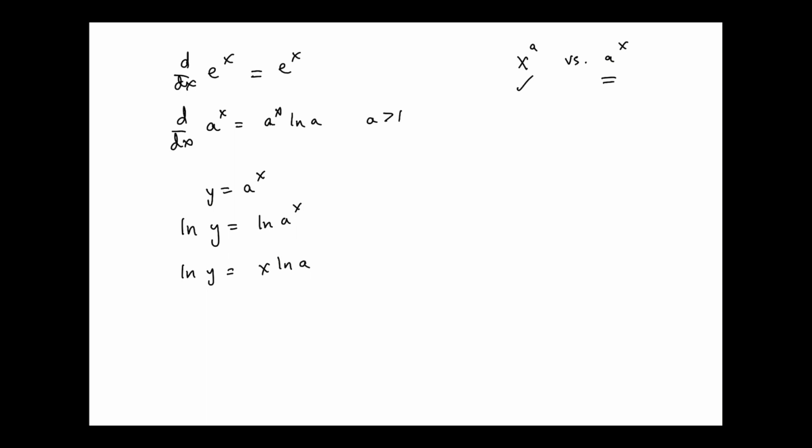Now you guys are starting to see why the assessments had all this stuff with logs on them, because of today. Okay, so now I want to take the derivative of both sides of this equation. What's the derivative of the left? 1 over y dy dx. Okay, what about on the right?